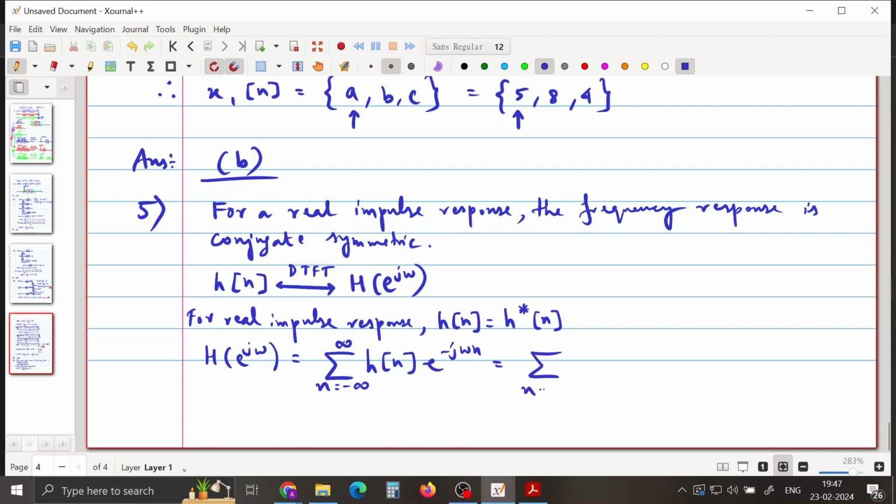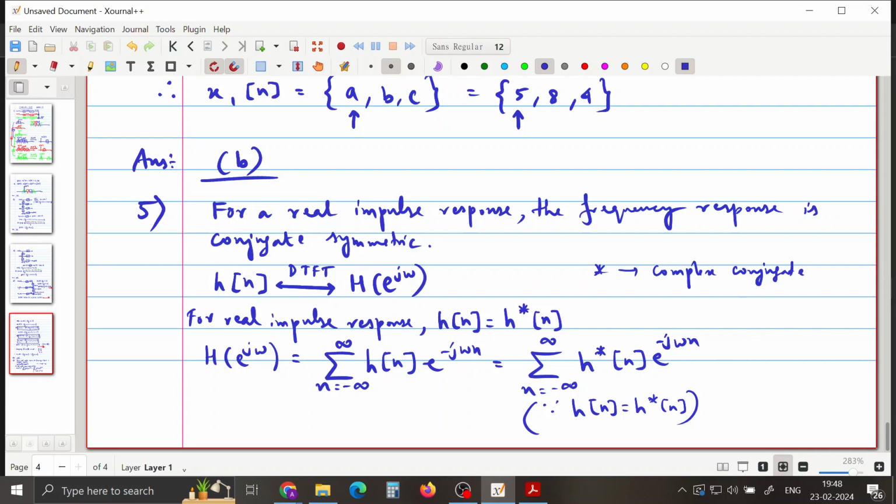Now in this summation I can replace h of n by h star of n as well, because it's real, right? So if I do that, why can I write this? Since h of n is the same as h star of n. Star is complex conjugate.